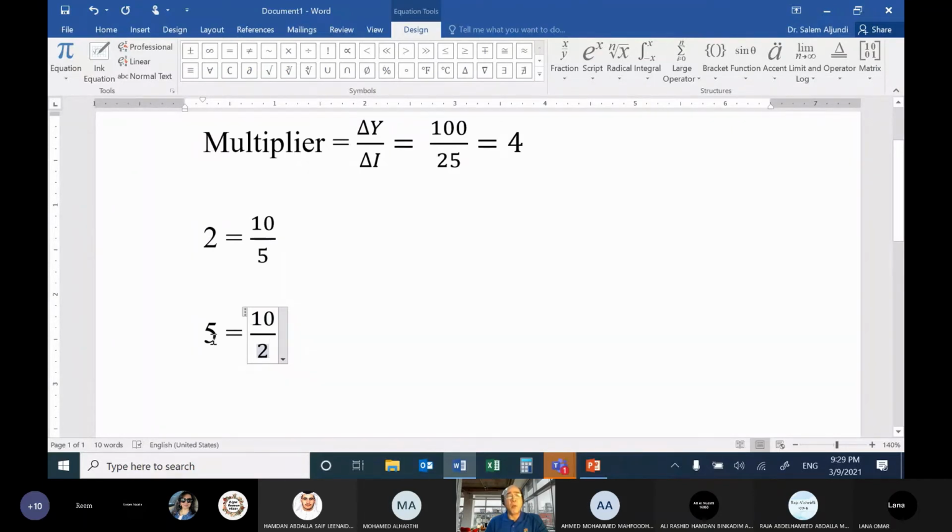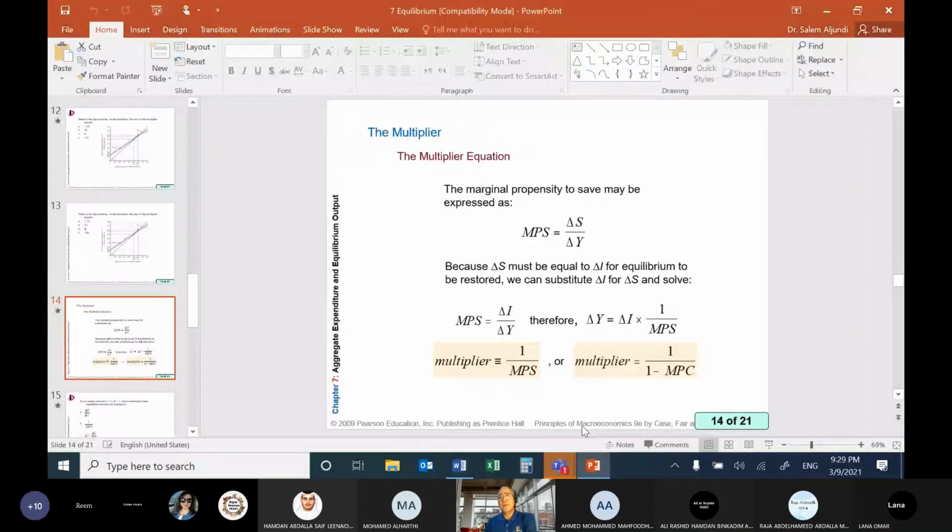So here delta Y equals delta I divided by marginal propensity to save. So we got delta Y equals delta I times 1 divided by marginal propensity to save. So now, if investment increased by 25, that will cause output to increase by 100.